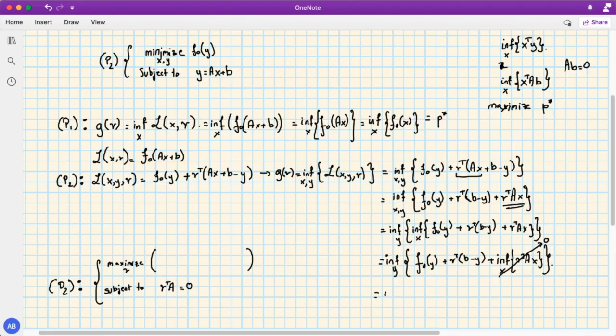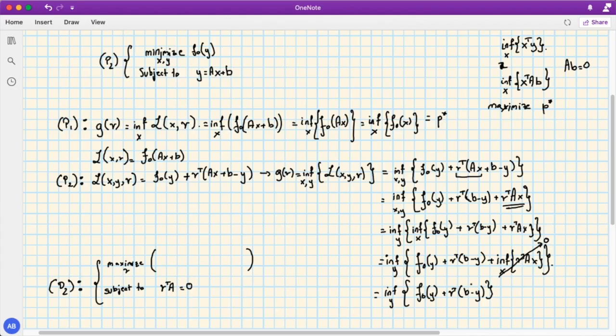So that being said, my Lagrangian dual function becomes the infimum over y of the term f0 of y plus nu transpose b minus y, right? Okay, looks good.